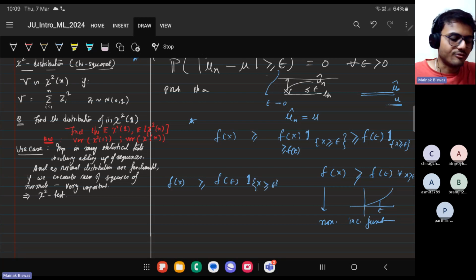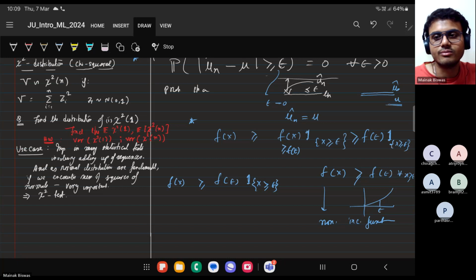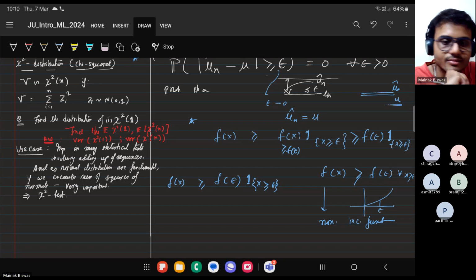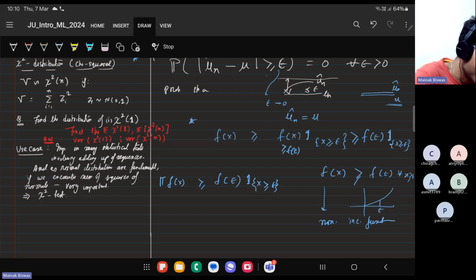What will I do now? Fundamental bridge, do you remember? Do you recall the fundamental bridge? What will I do on both sides? I'll take expectation.